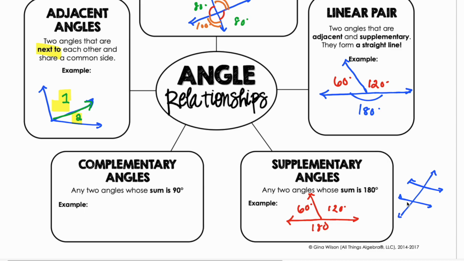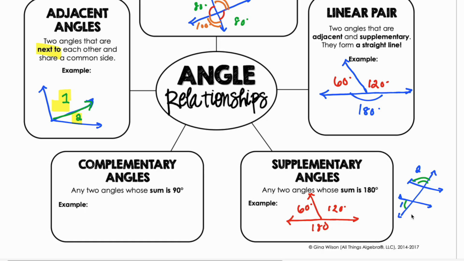Okay, and they might say that this is angle one and this is angle two. I'm sorry, this is angle two up here. And they say that angle one and angle two are supplementary angles. So that means that both of these angles have to add up to 180 degrees.